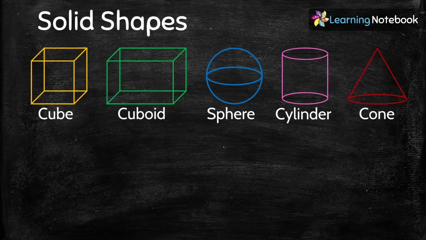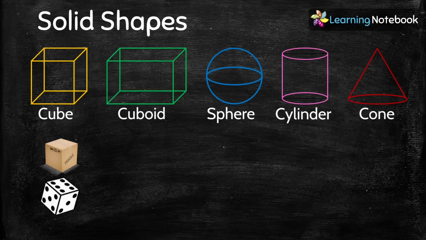Now students, to understand these solid shapes better, let's take few examples of each of them. Examples of cube are a carton box and a dice. You must be using dice in your games. This is the best example to remember cube.